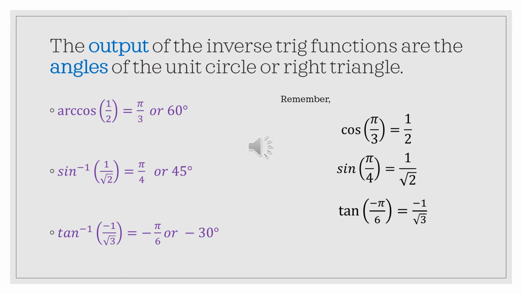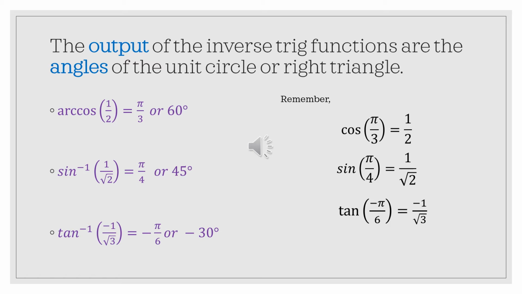For cosine, it was the ratio of the adjacent side to the hypotenuse. For sine, it was the opposite side to the hypotenuse. For tangent, it was the opposite side to the adjacent side. Or if you were using unit circle definitions, it was the x-coordinate for cosine when you rotated a certain angle. It was the y-coordinate for sine when you were rotating a certain angle. And for tangent, it was the ratio of y to x.